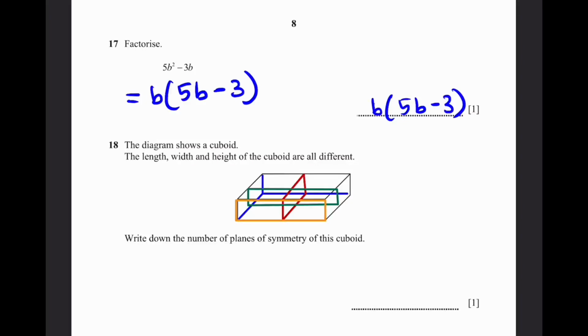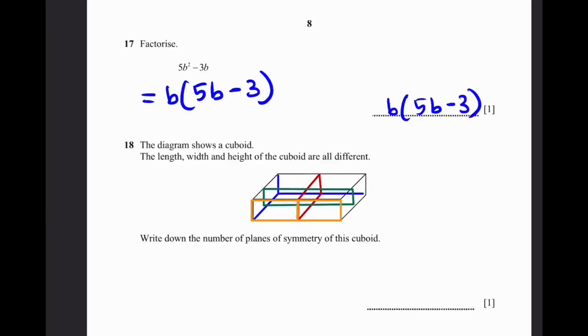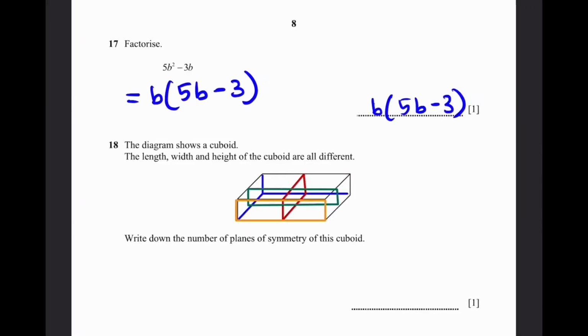And since this has already been taken, we shall take the other line of symmetry. So that'll go down there. And then if you want to extend it, it'll become somewhat like this, and then back to this side, and we'll come here. So this is the third plane of symmetry.